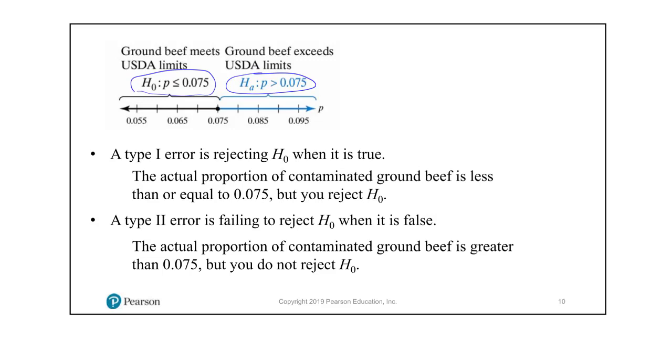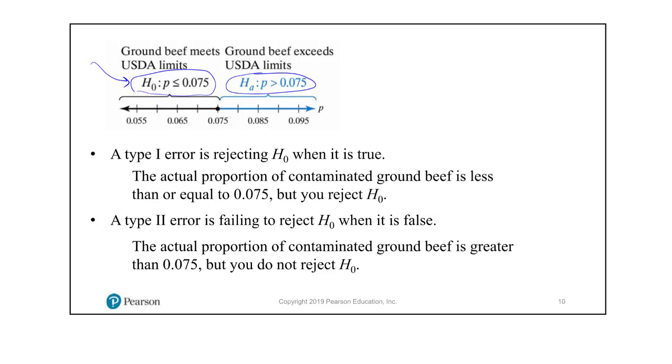A type 1 error is rejecting H0 when it's true. So this is H0 saying that the proportion is less than or equal to 0.075.